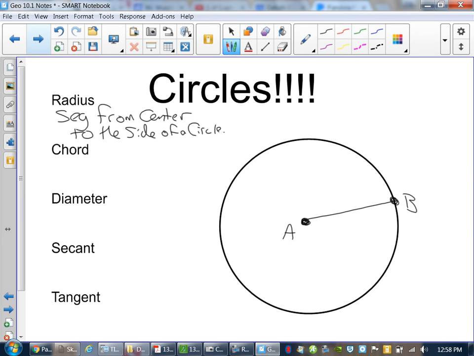The radius is going to be the segment from the center to the side of the circle. The radius is what defines a circle. That radius never changes the entire way around the circle. That's what makes it equidistant to the sides.